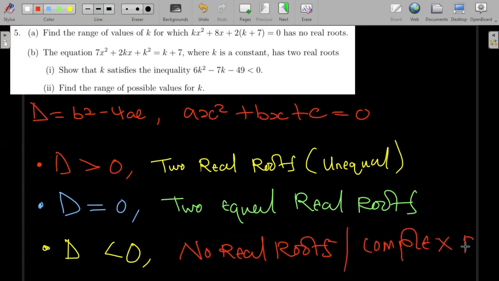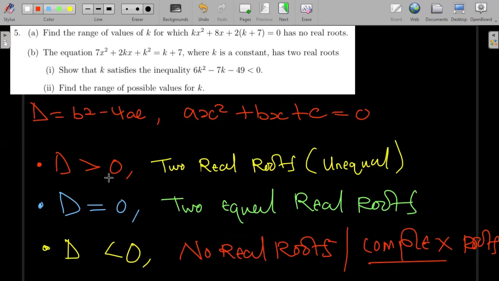At your level, I don't think it might be there, it's rare to have a quadratic equation that has complex roots, but it can be there. So these are the three situations that we have. If we understand this, then we can solve all these questions that you can see here.